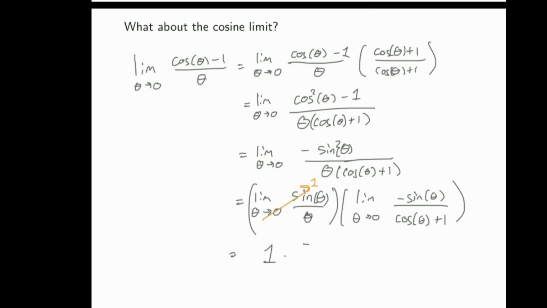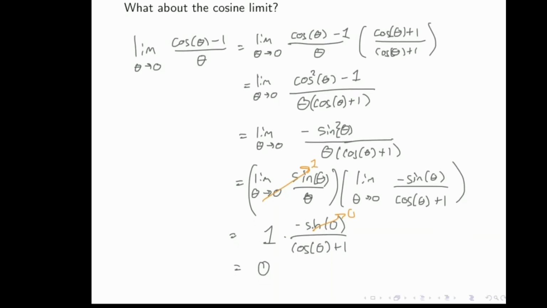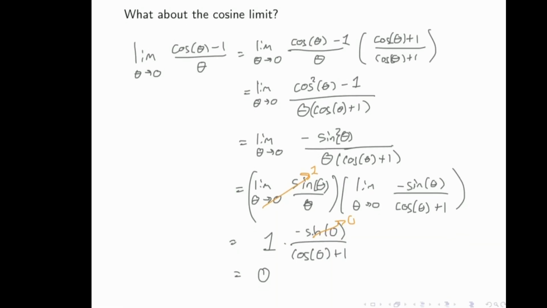So negative sine of 0 over cosine of 0 plus 1. And of course, sine of 0 is just 0. So we get that the limit as theta goes to 0 of cosine of theta minus 1 over theta is indeed 0.